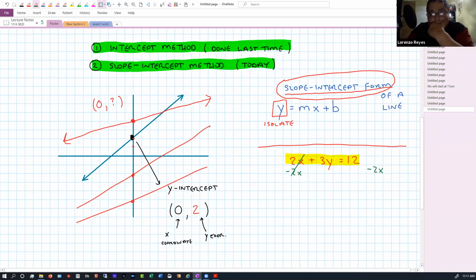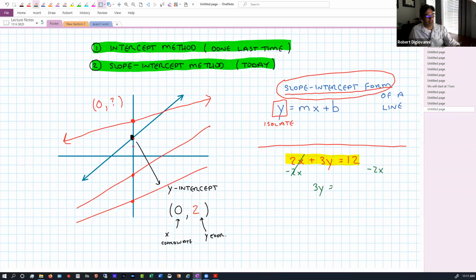The 2 x's are going to go away. I'll still have 3y equals, now on the right-hand side, 12 minus 2x, and I can't put those together. They're not like terms. So I'm going to write it backwards, putting the x in front of the number, because if you look up at this slope-intercept form, notice that you have the x before this b. Wherever the x is, it goes first, and then whatever's left goes to the side.